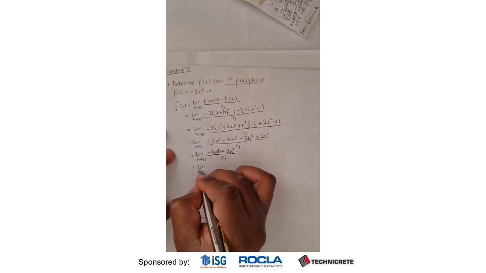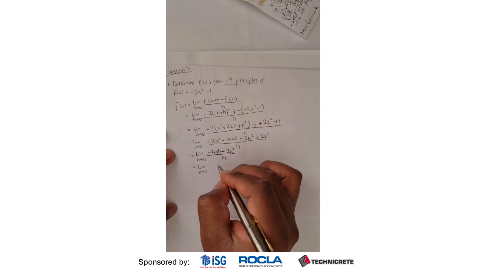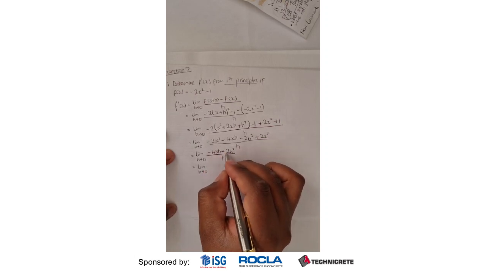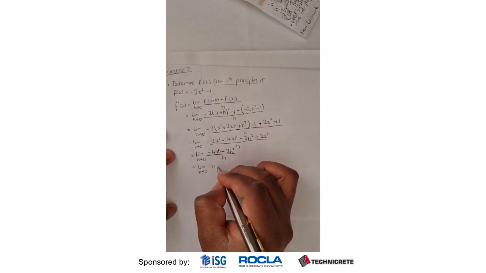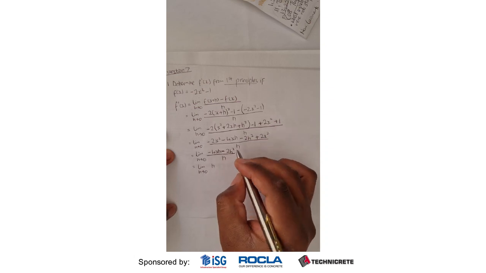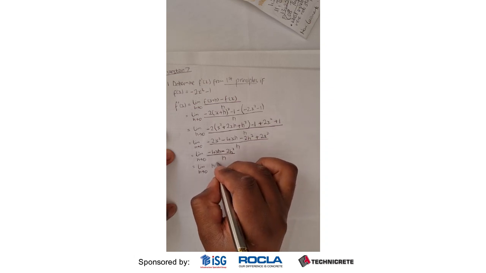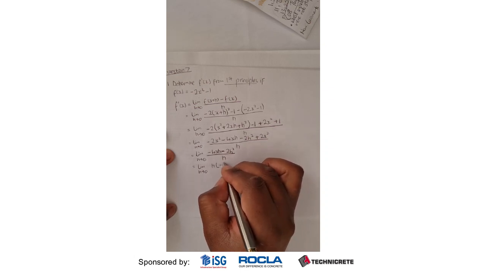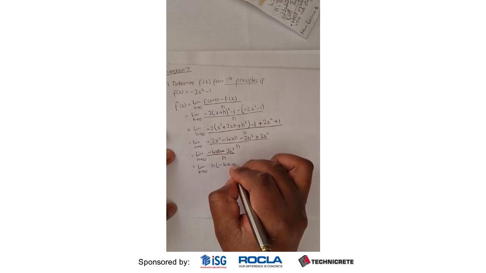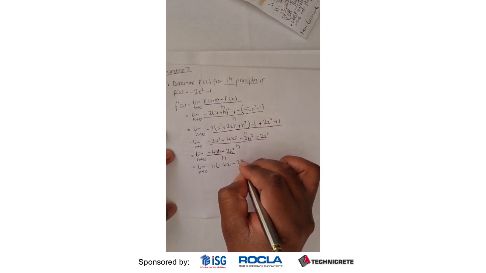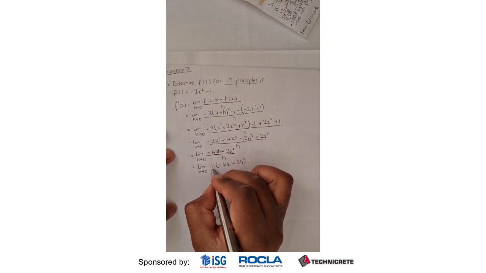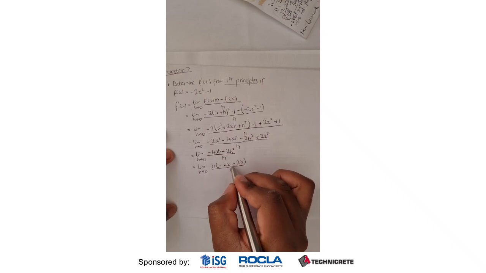Then the next step is the limit as h tends to 0. We are going to factor out our h because that's what they have in common. And in brackets is negative 4x minus 2h, all divided by the h.